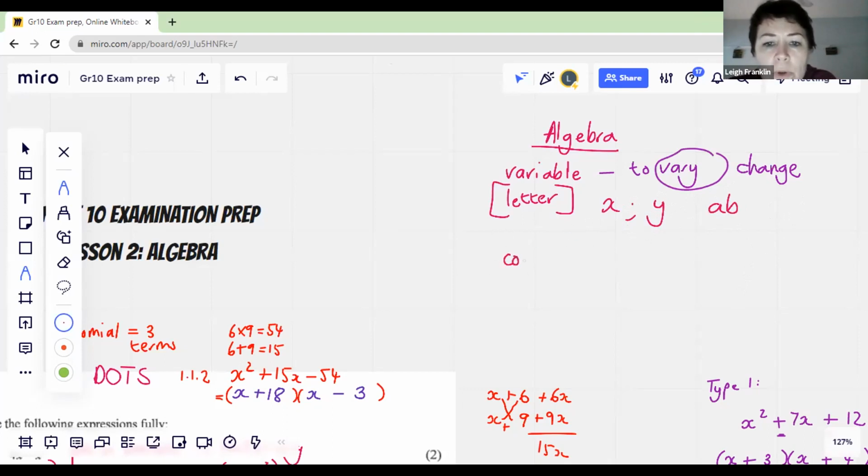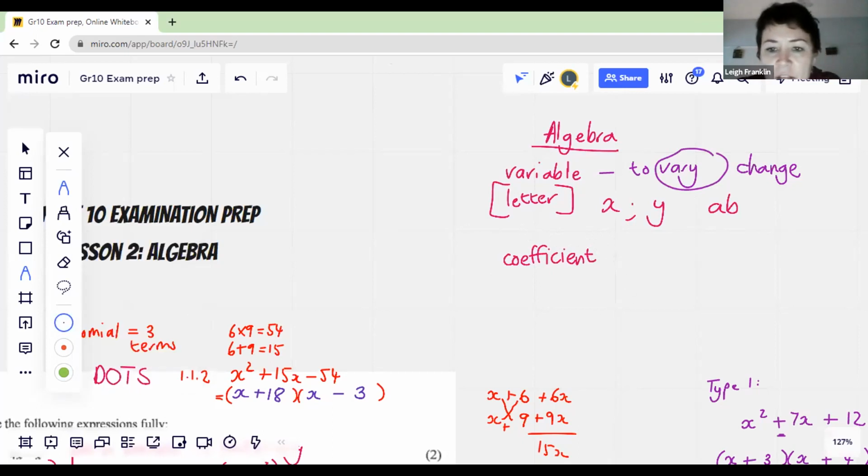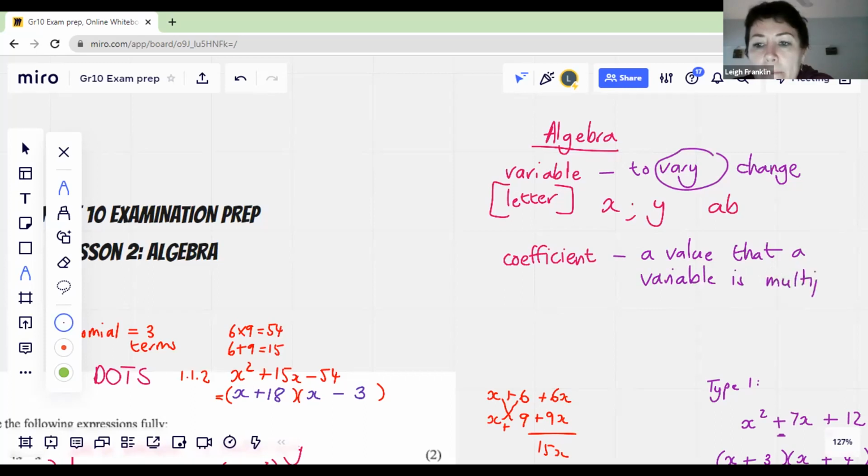A coefficient is a value, usually numerical, that the variable is multiplied by. A value that a variable is multiplied by.